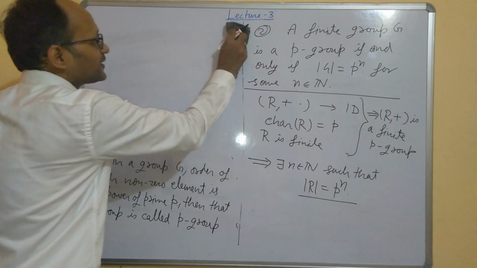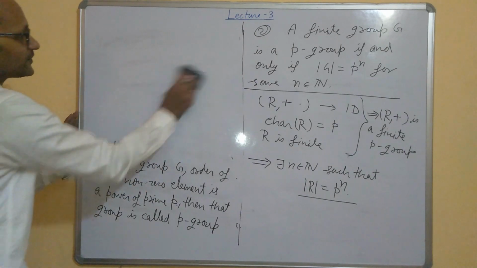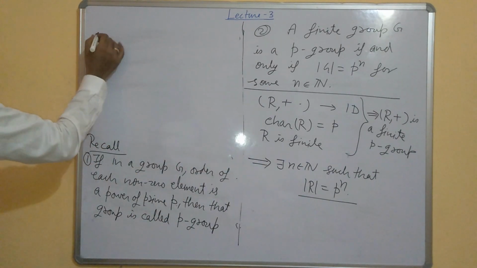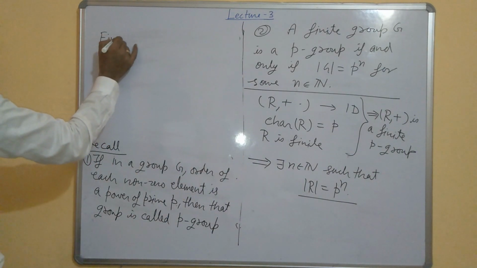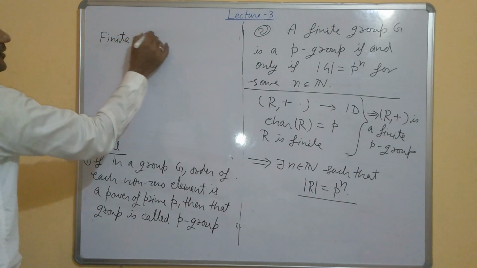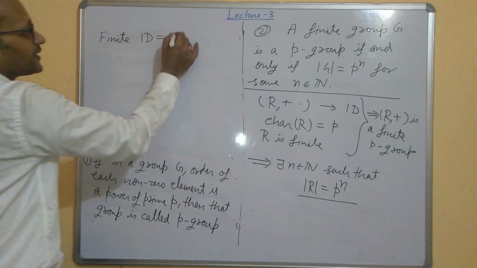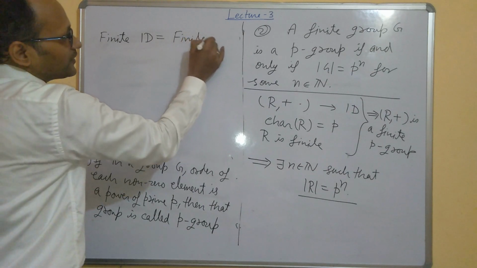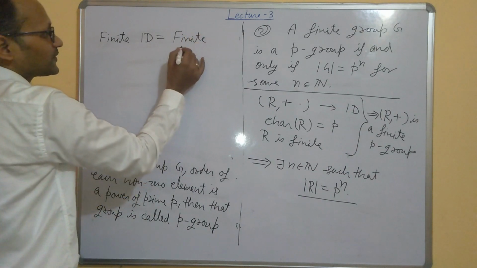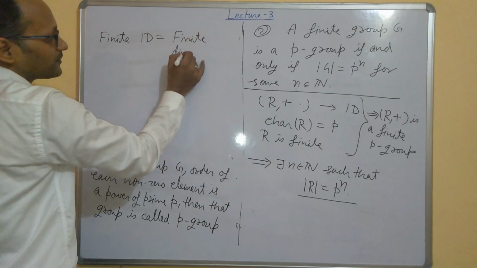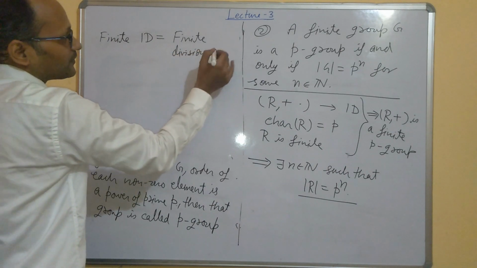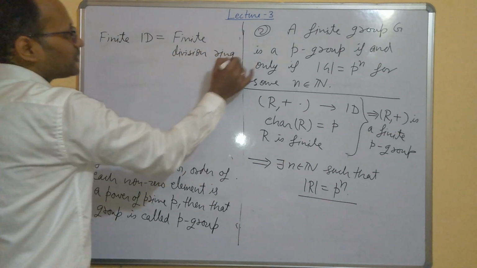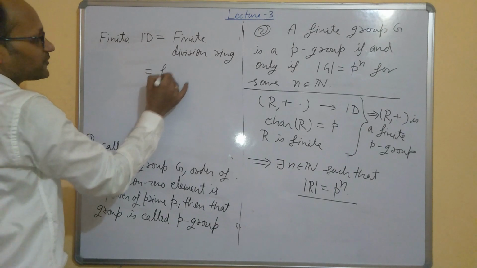You know what a finite integral domain is? We have proved that a finite integral domain is the same thing as a finite division ring, which is the same thing as a finite field.